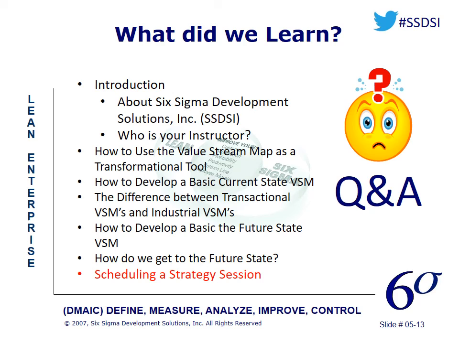Again, there's a lot of information that we have on our blogs. We'll talk about that. We taught you the difference between transactional VSMs and industrial. And we taught you how to develop a basic future state VSM. And we taught you, how do I get from that current state to that future state?